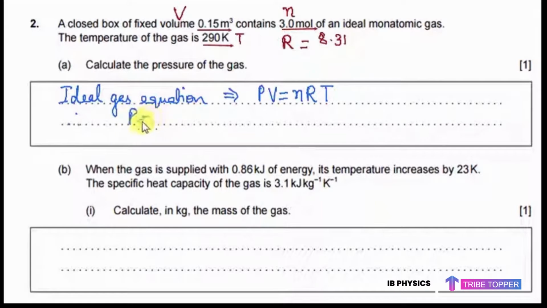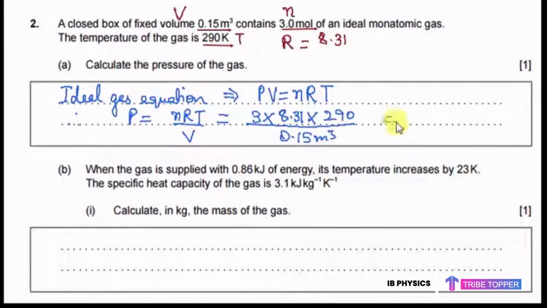P can be calculated by keeping P on the left hand side, and you get nRT upon V, and just plug in the values for n as 3, R as 8.31, T as 290 Kelvin, and this whole thing divided by volume, that is 0.15 meter cube, and solving you're going to get 48,000 Pascal, or we can also write it as 48 kilopascal. So that's the whole thing you have to do here.